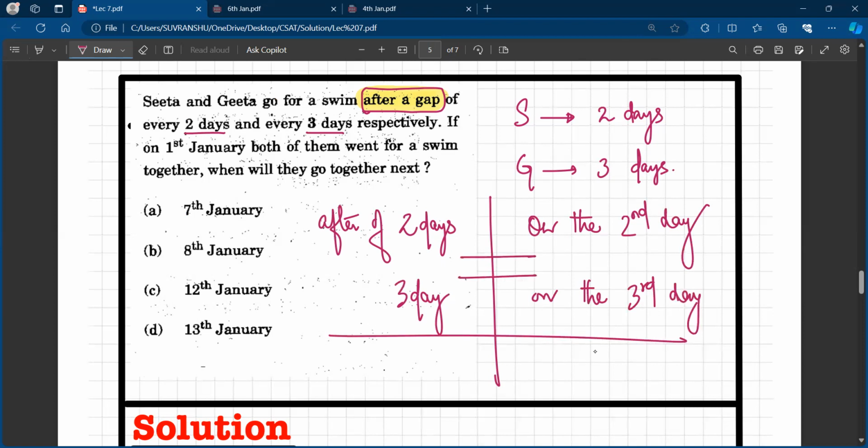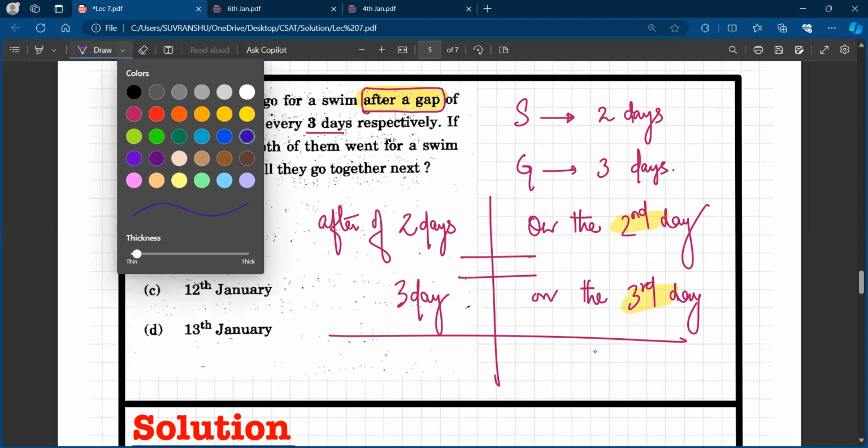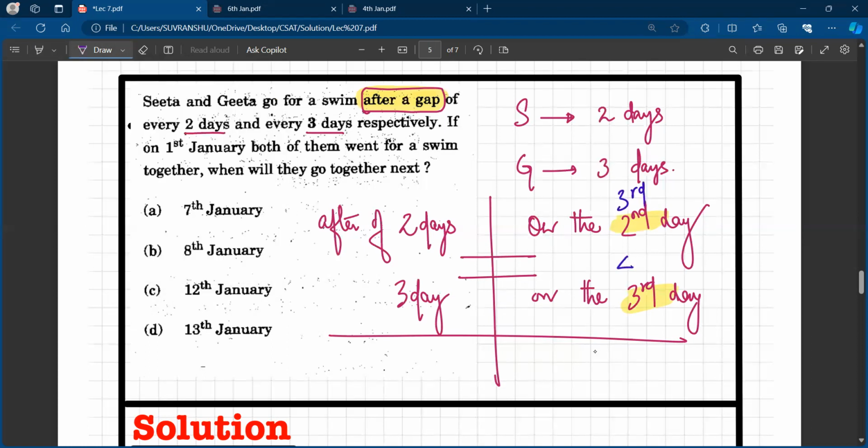After a gap of 2 days means it is on the third day, right? This is not on the second day. After a gap of 3 days means it is on the fourth day. Clear? So there are two differences here. That is on the and after a gap of. These two are different things. Clear?